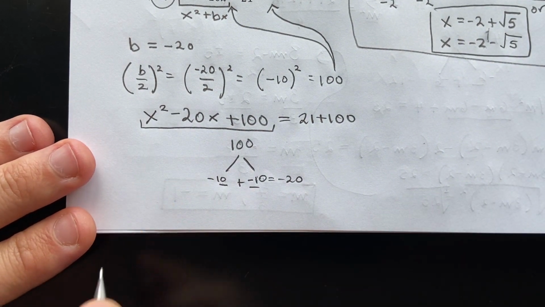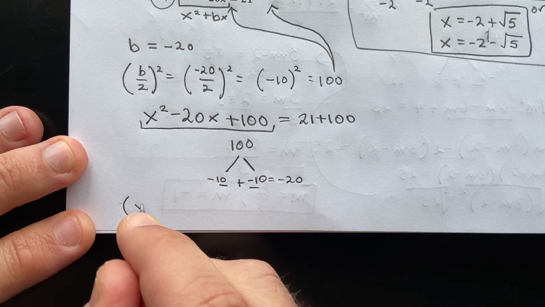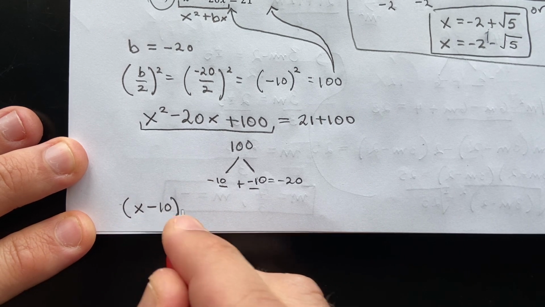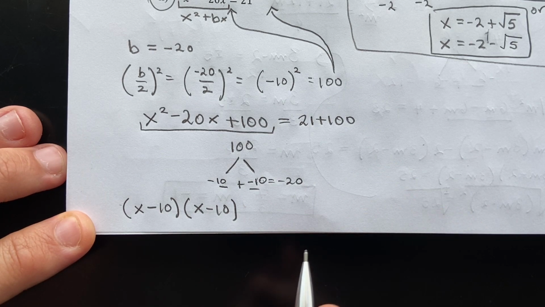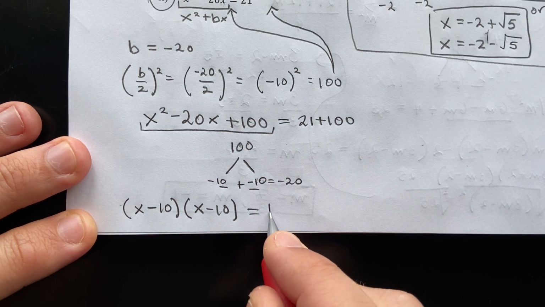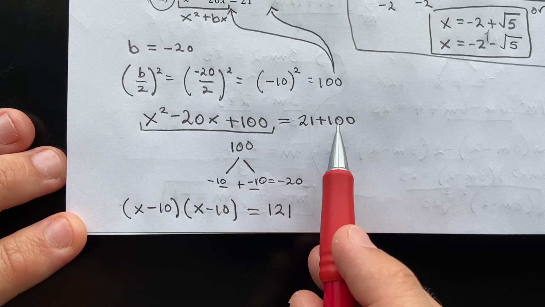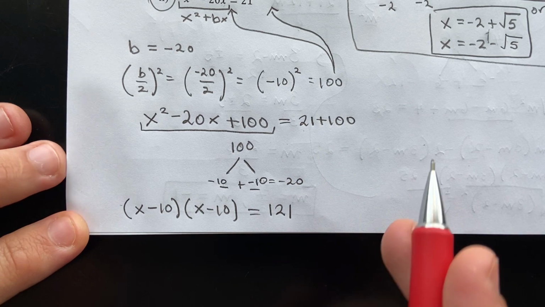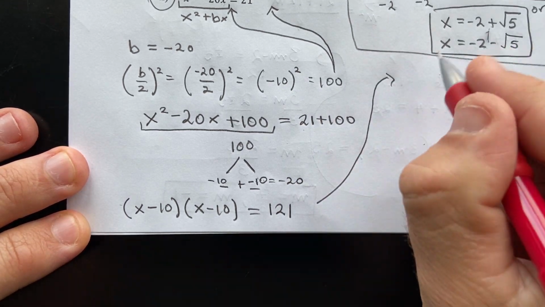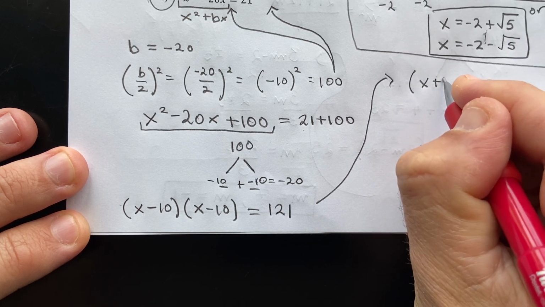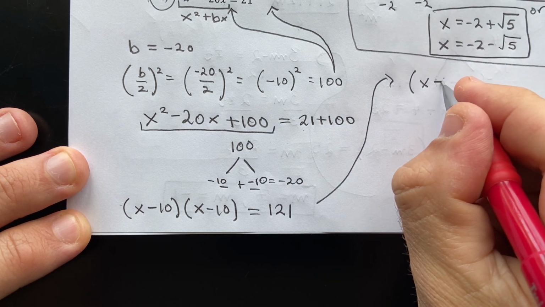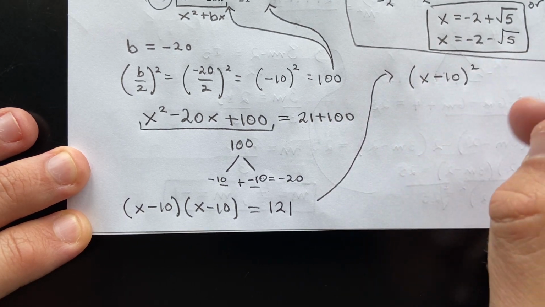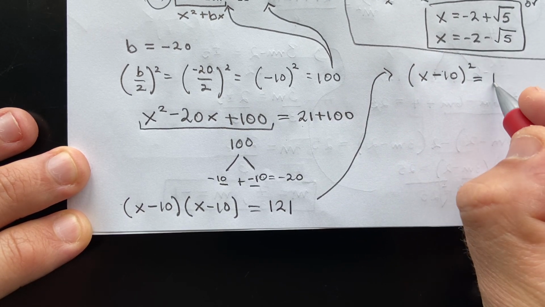So in other words, we have x minus 10 times x minus 10 equals 121, right? 21 plus 100. So that would be the same as x minus 10 all squared equals 121.